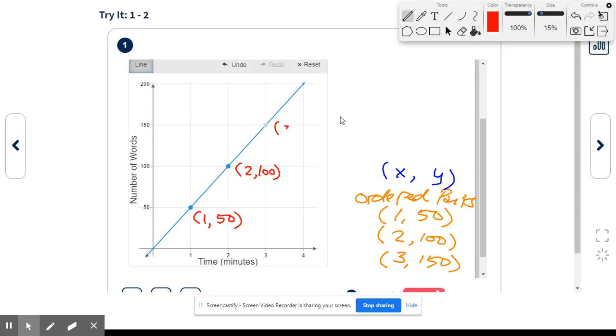And for 3 minutes, you type 150 words, because this is your x, this is your y. So you can actually use graphs to answer ratio problems. Now remember, if you're graphing ratio relationships, it always starts at 0.